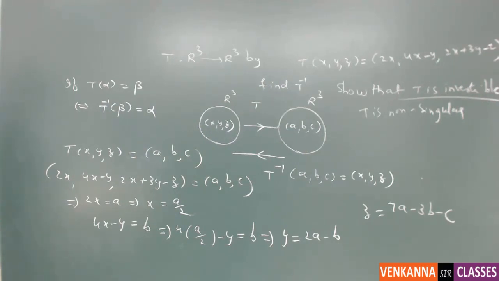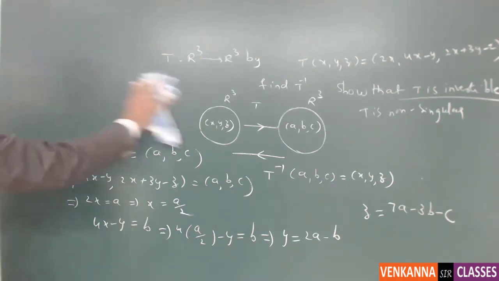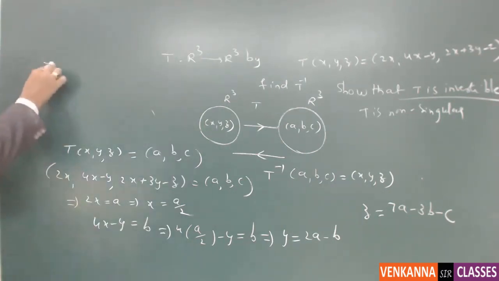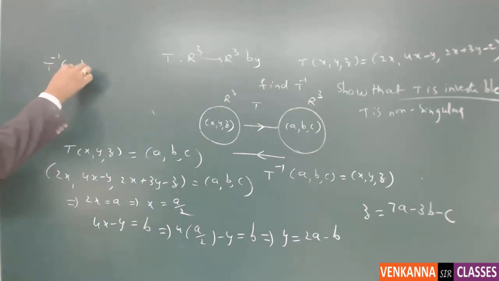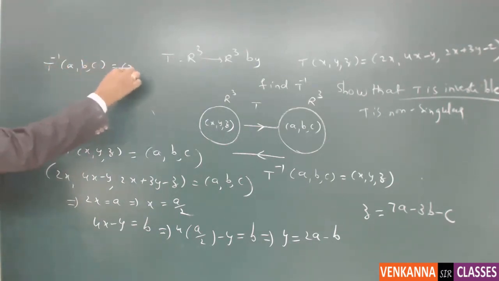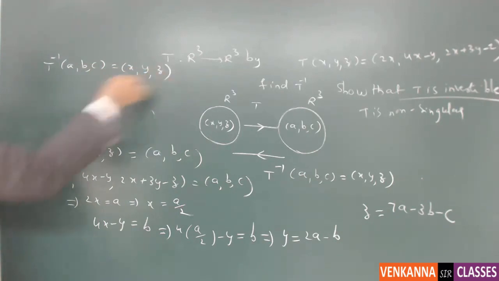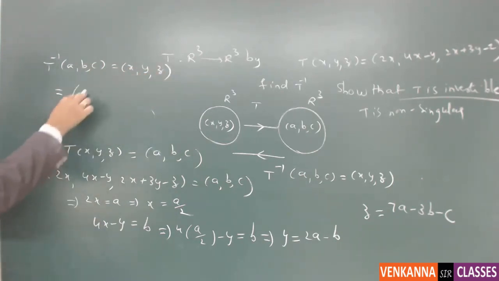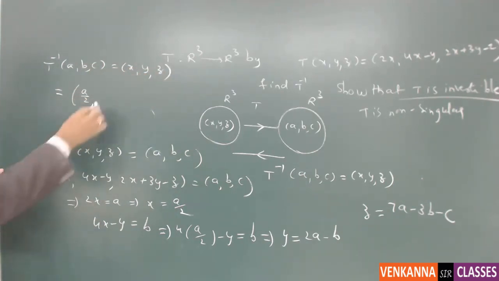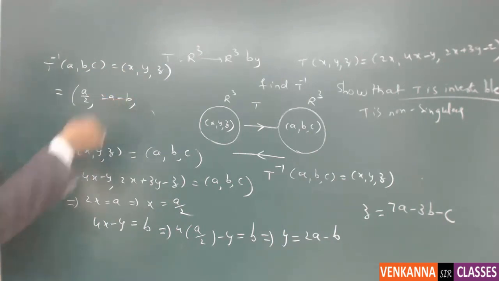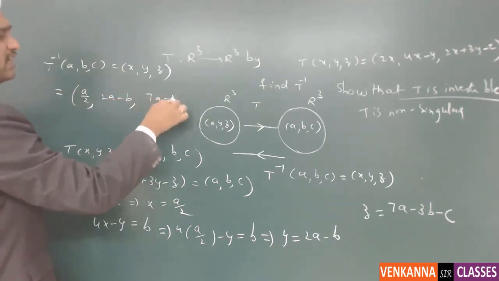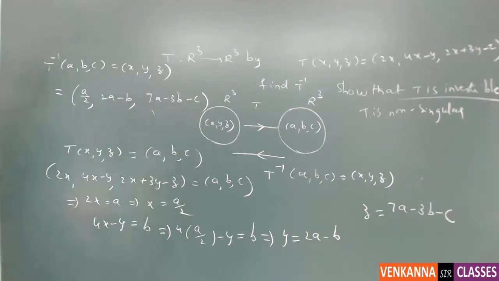Now I am going to write the inverse function. How I am writing? Simply check that. T inverse of (a, b, c) is equal to (x, y, z). So x is nothing but a by 2, y is nothing but 2a minus b, z is nothing but 7a minus 3b minus c. So this is the inverse function definition.